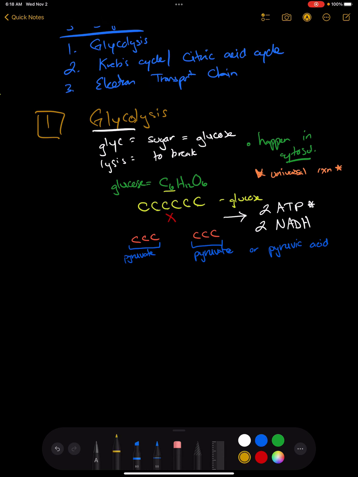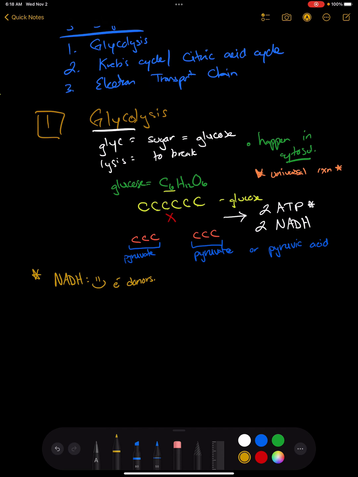So let's talk about NADH really quickly before we move on. NADH is going to be important to us later because NADHs are really, really good electron donors. They give up their electrons really, really easily. And since they give up those electrons easily, I can break them apart to get those electrons, and then I can use those electrons in another part of my reaction.